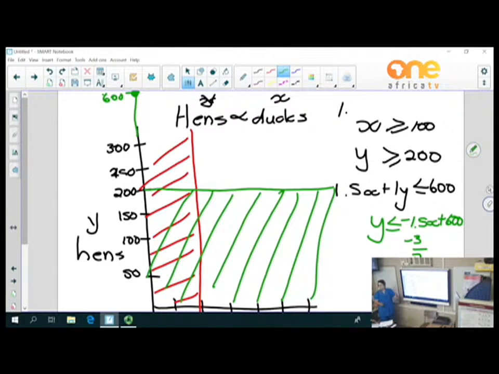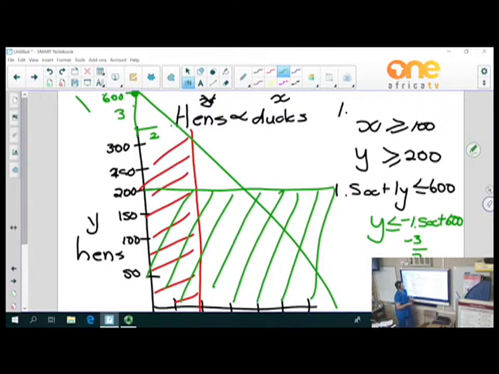It is delta y over delta x. So from 600, go down 3, across 2, and you draw your line. That's what you do.